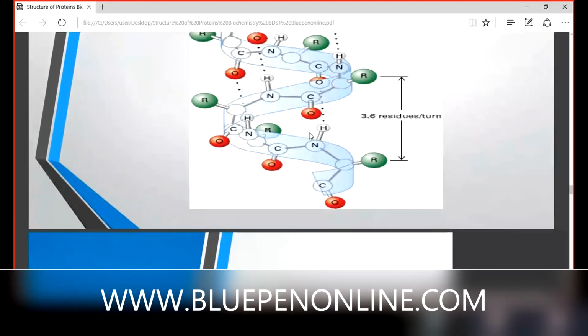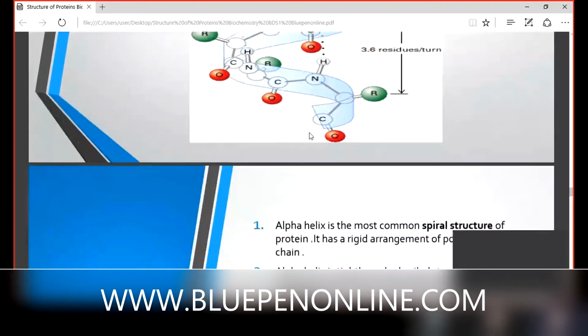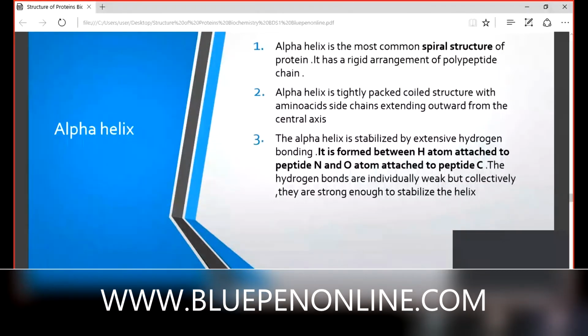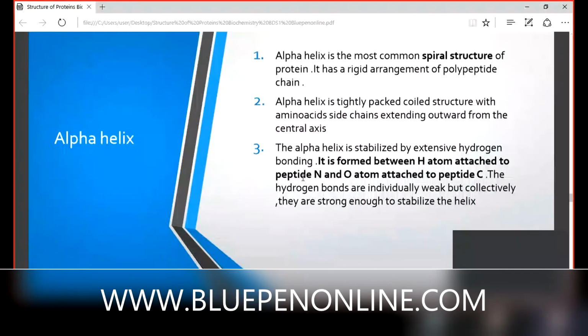The alpha helix is stabilized by extensive hydrogen bonding. It is formed between the hydrogen atom attached to the peptide bond N and the O atom attached to the peptide C. The hydrogen bonds are individually weak, but collectively they are strong enough to stabilize the helix. There is not only a single hydrogen bond; we can see there are several hydrogen bonds.